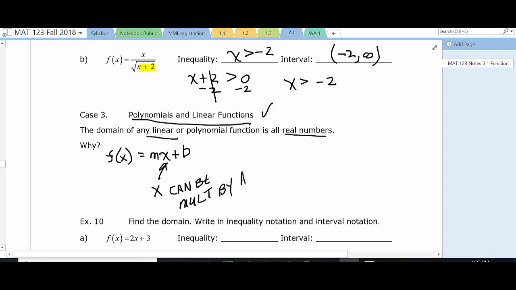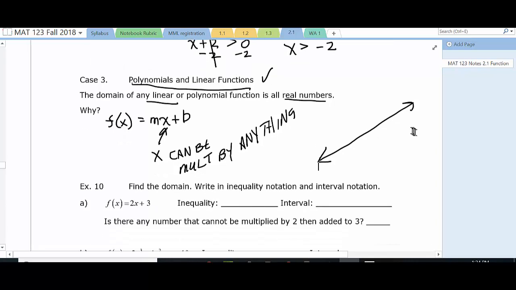You can't find a number that you are not allowed to multiply by something. Every single number on the number line can be multiplied by a number. So you don't have a square root, you don't have a denominator or anything to worry about. And the other thing is a line just goes on forever left to right. So it takes up every x value that you have. So it's always going to be all real numbers.